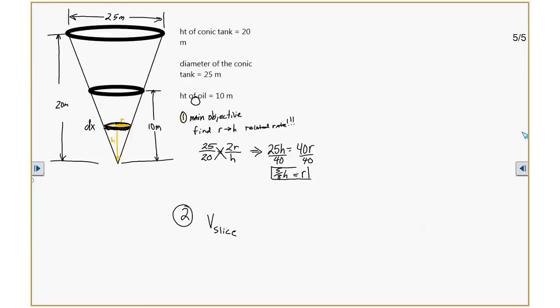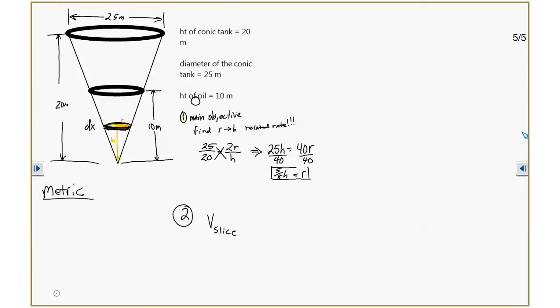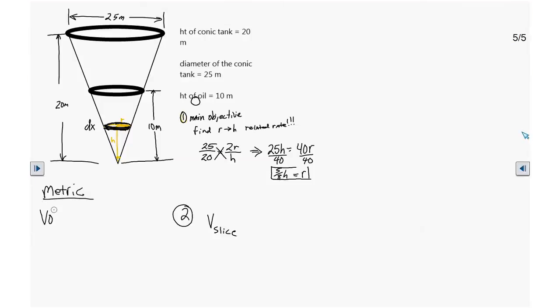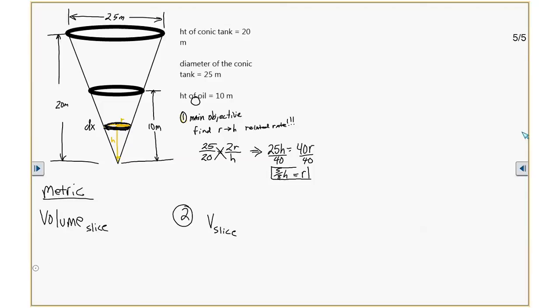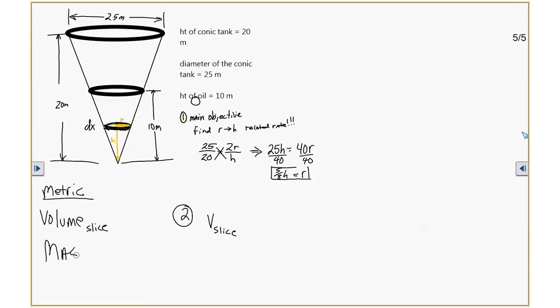Now, the volume of the slice, and when you're dealing with metric, you've got to find the volume of the slice and the mass of the slice. Why do you have to find the mass?